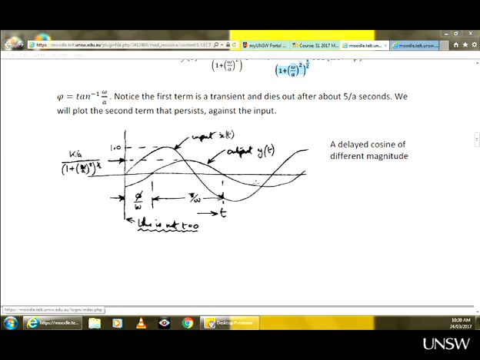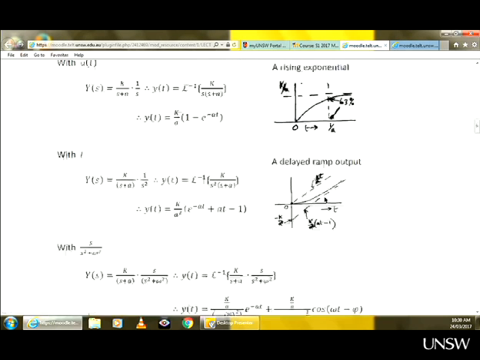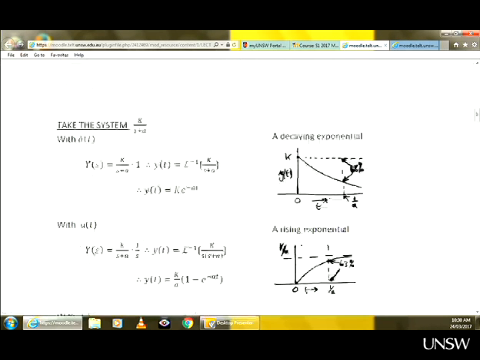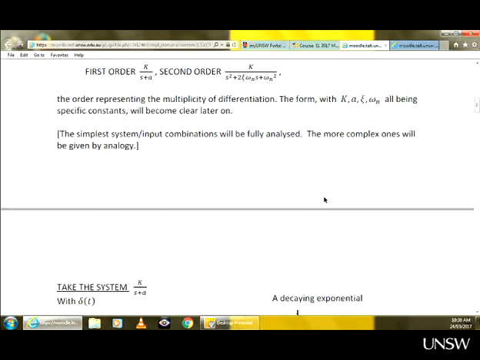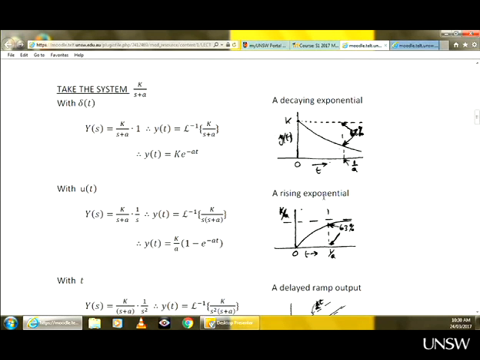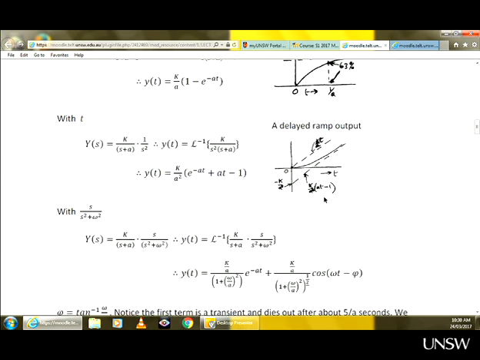Any questions, guys? So in set 5, the first 4 examples actually cover these 4 cases. First order system with an impulse, step, ramp, and cosine.